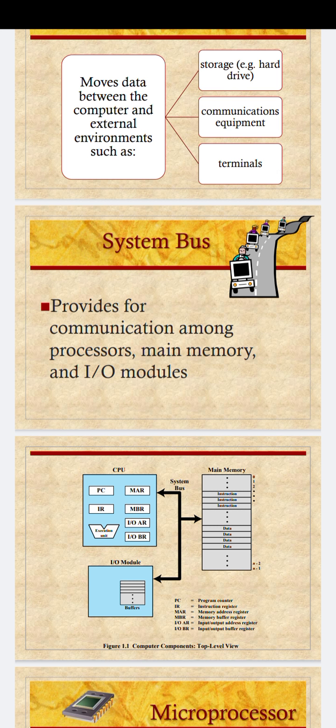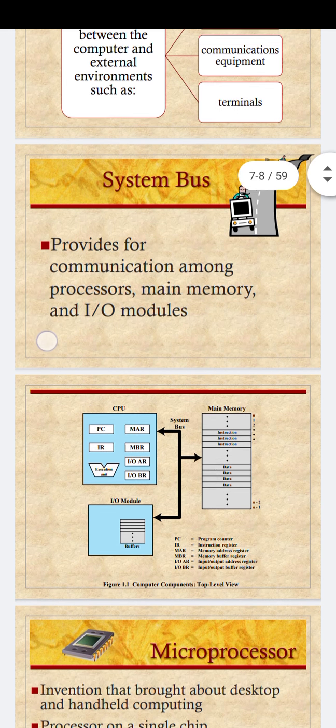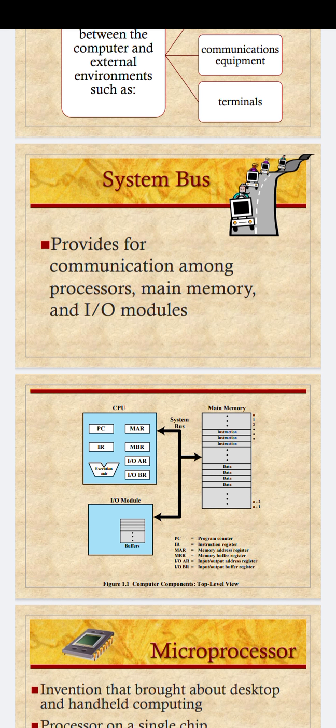Within the CPU, we have the PC, meaning program counter. We also have the IR, MAR, MBR, I/O AR, I/O BR, registers, and the execution unit.